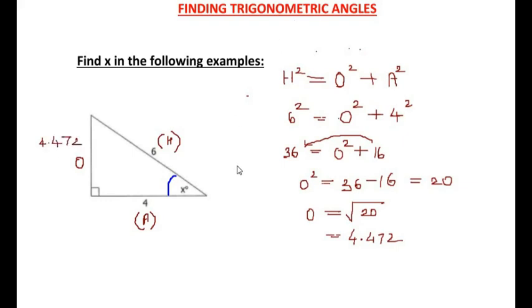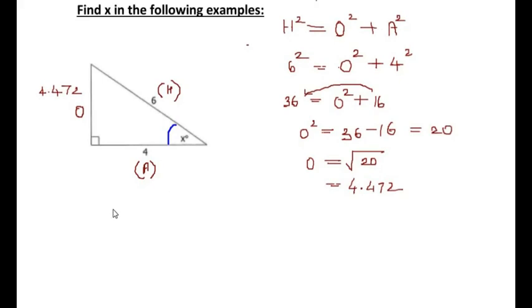Now we can use SOH. Sine of angle x is equal to opposite over hypotenuse. Opposite we got as 4.472 divided by the hypotenuse, which is 6.